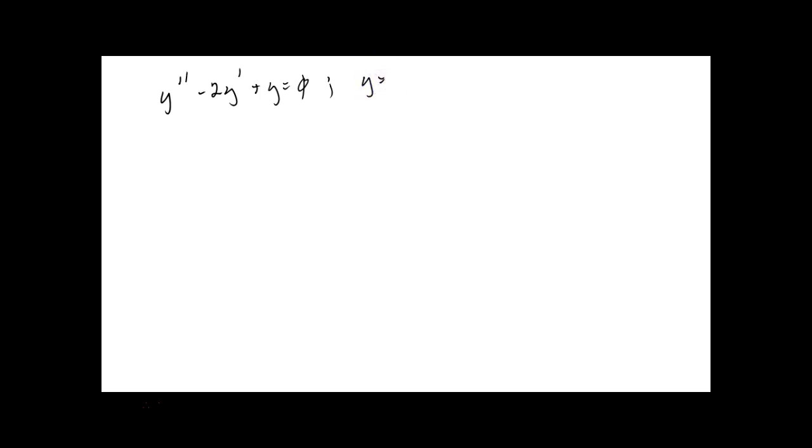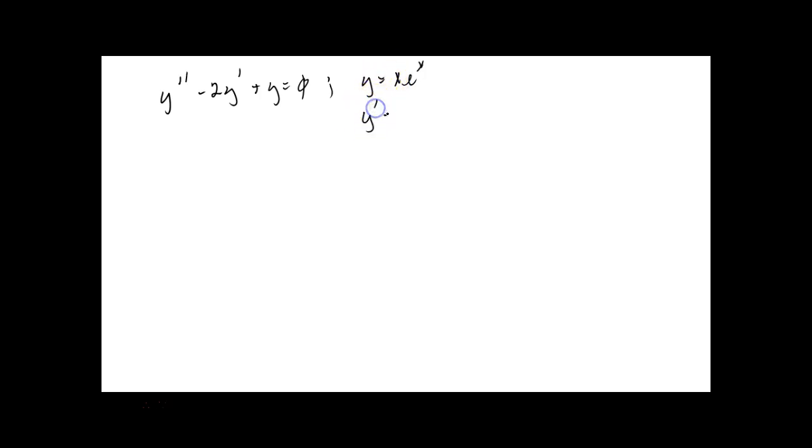Y is equal to x e to the x. Now, again, on this one, there's two things to get out of the right, so we can put them into the left. What are they? Yeah, first and second derivatives.